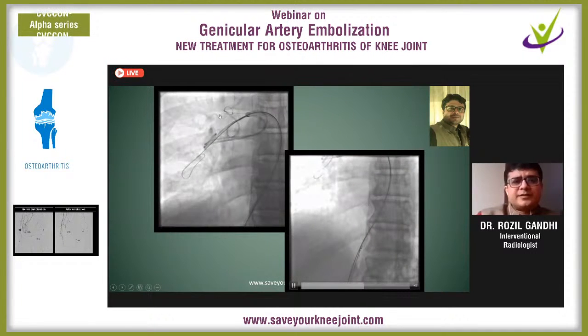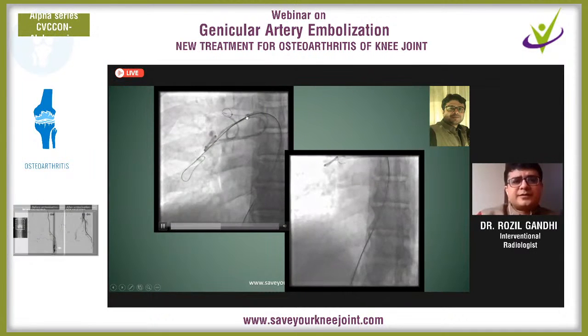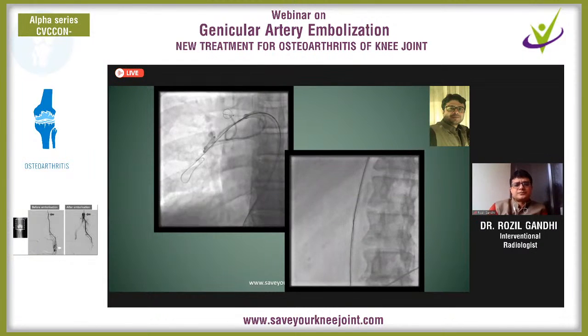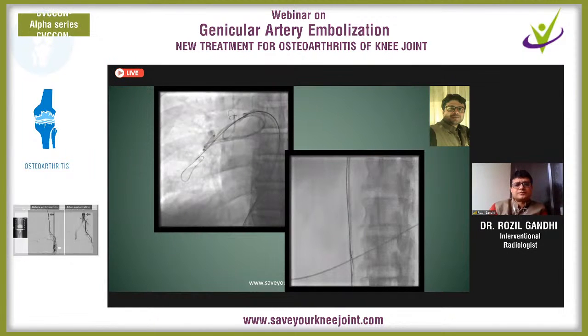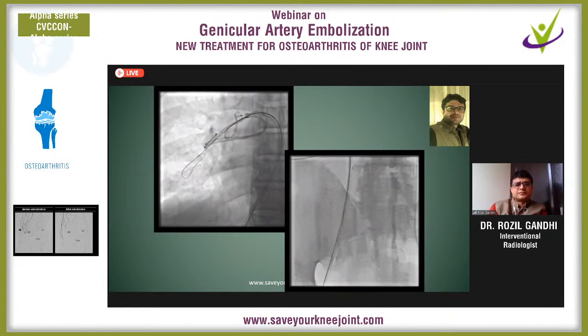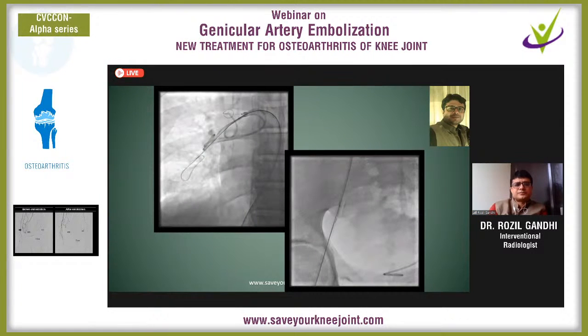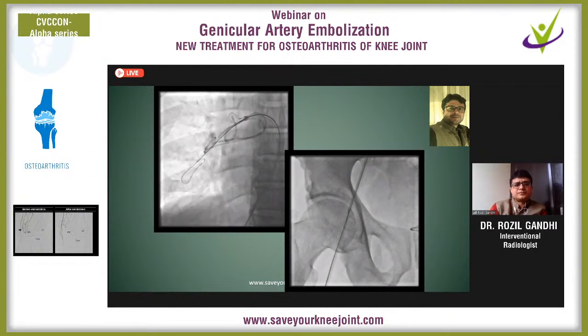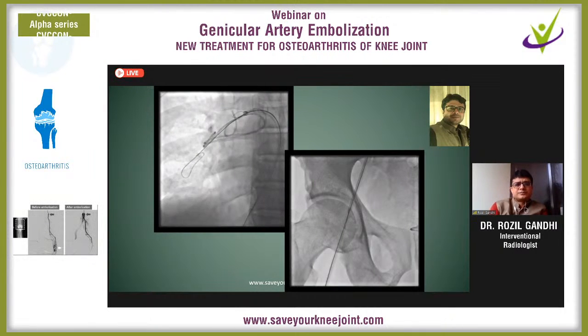This is the snare trying to grasp. And now it has grasped and it is taken inside the sheath.